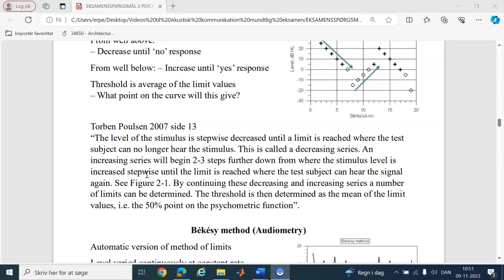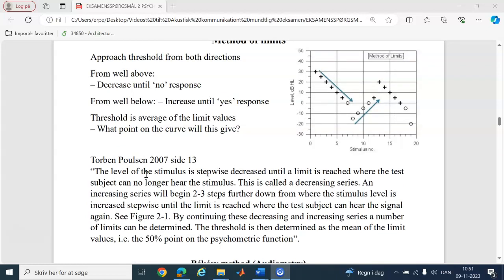An increasing series will begin 2 to 3 steps further down, from where the stimulus level is increased stepwise until the limit is reached where the test subject can hear the signal again.